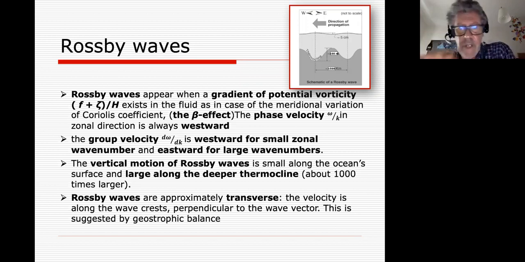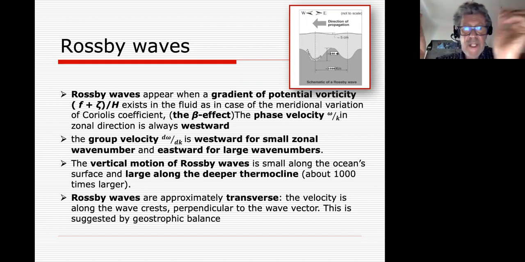And also in our case, the Rossby waves that we are interested in are baroclinic Rossby waves, whose phase velocity is always westward in the zonal direction. So we have two kinds of waves, one going eastward in the Equatorial Pacific, and the other one that can go westward.